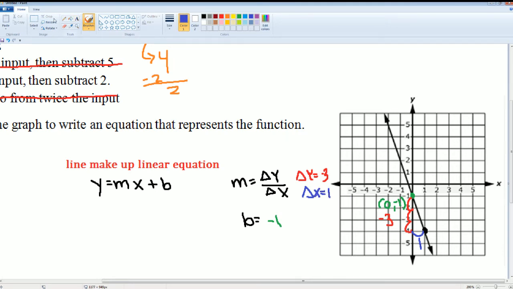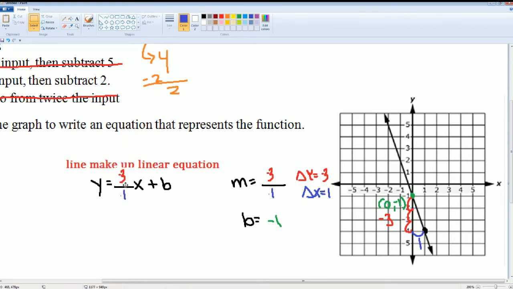So if you want to plug it into your slope formula, it is what? m is equal to -3 divided by 1. So here's my equation. What goes in for m? We plug in the number, -3 over 1.